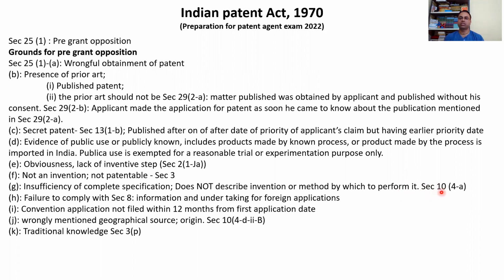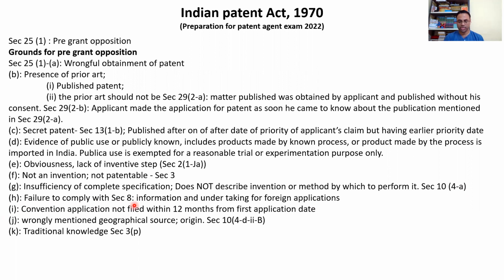According to section 10(4)(a), if you read it, what it says is that every complete specification shall fully and particularly describe the invention and its operation or use and the method by which it is to be performed. So 10(4)(a) says that a complete specification should have these elements, but if these are missing, then it comes under insufficient complete specification.